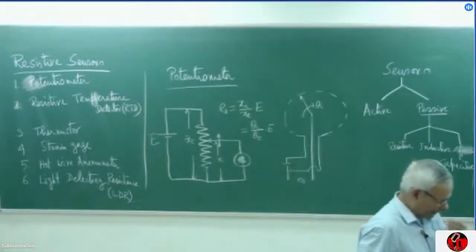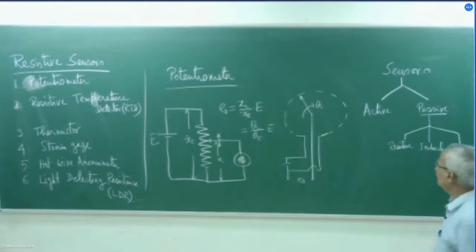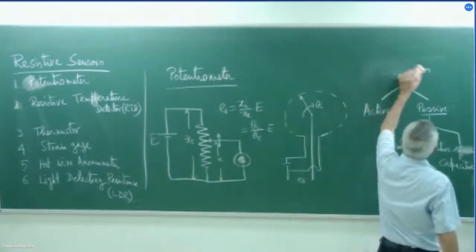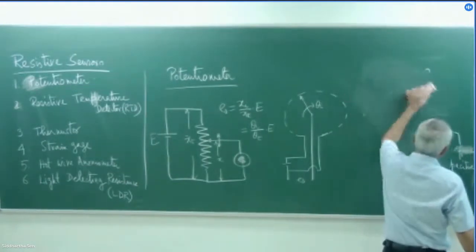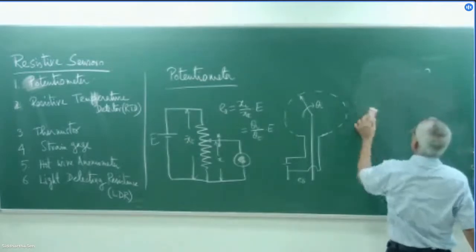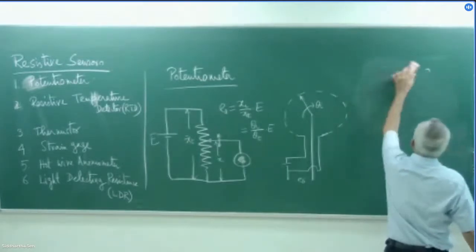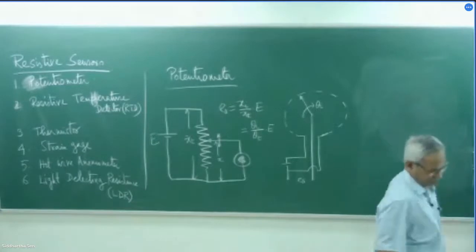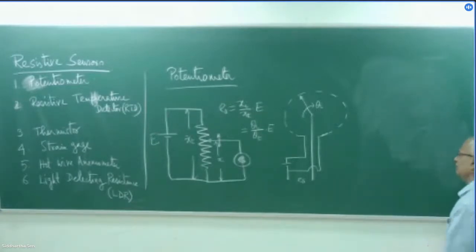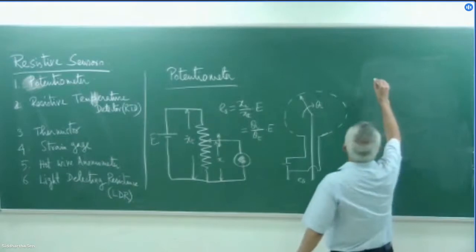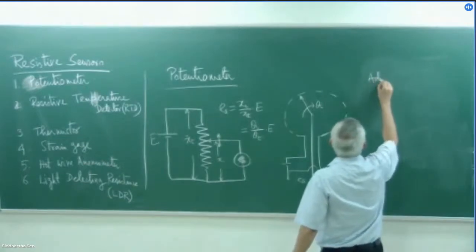But what are the negative points in it? We have already seen the major problems of the potentiometers. The advantage, we can say, is that it is simple in construction. When we discuss these, we'll always try to see what their advantages and disadvantages are.